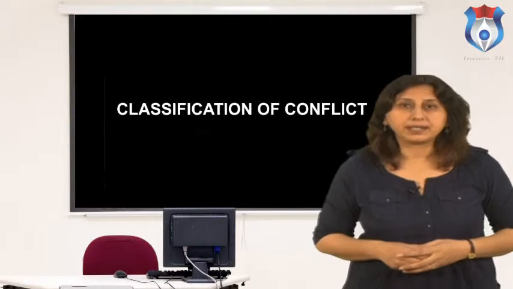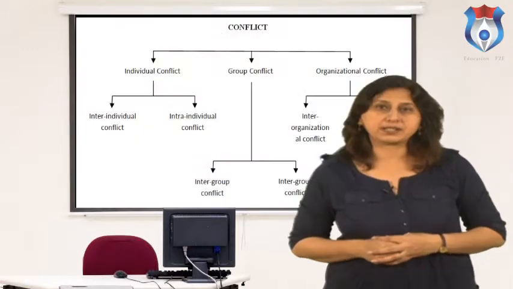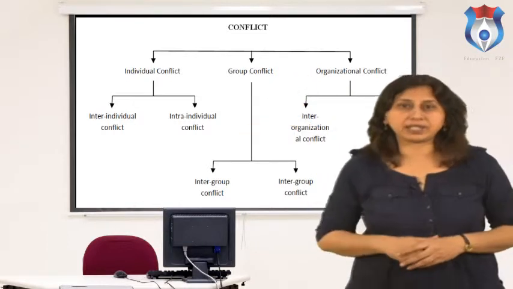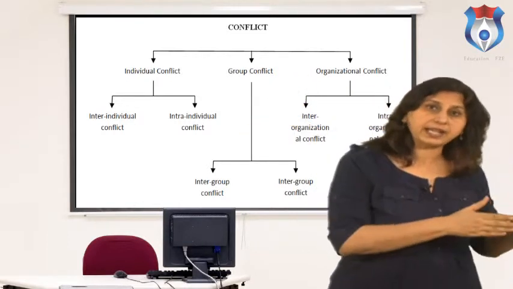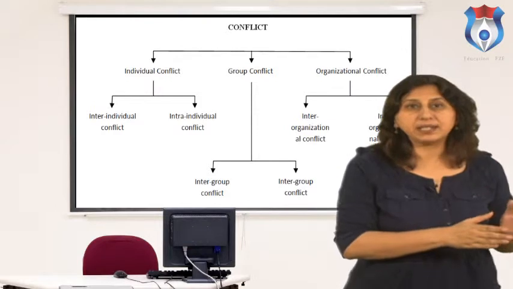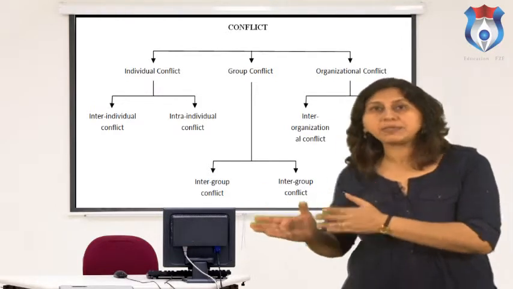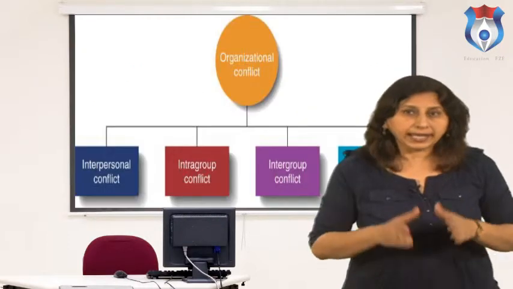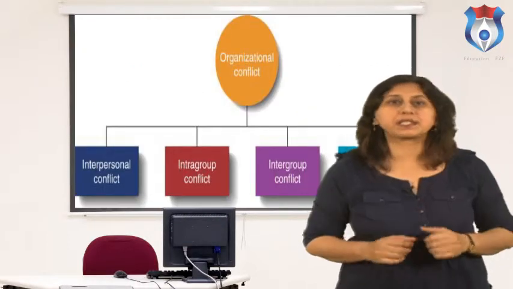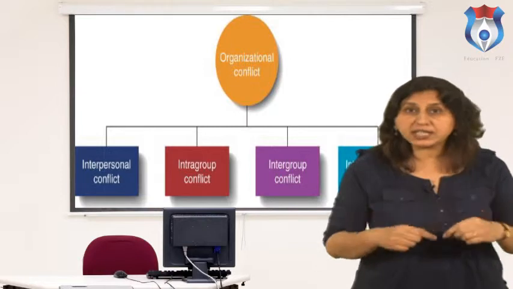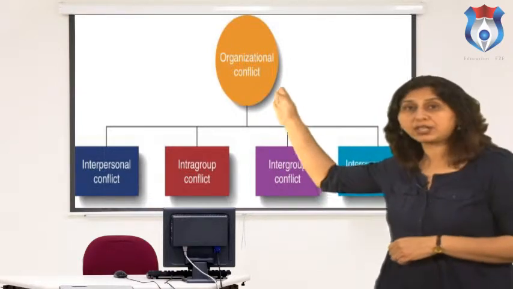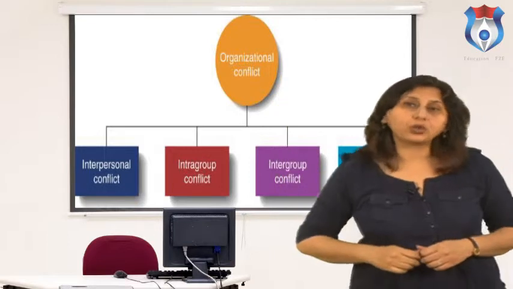Classification of conflict. Conflict can be classified into two general categories, that is, internalized or intrapersonal, and organizational, from the standpoint of the context it exists in. Internalized or intrapersonal conflict occurs within an individual and can be further classified as frustration, role conflict, and goal conflict.